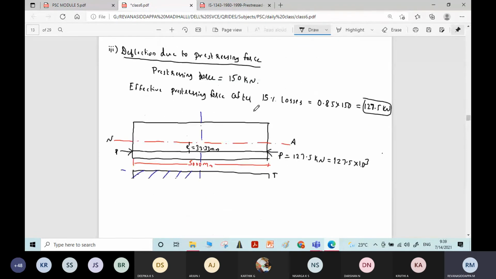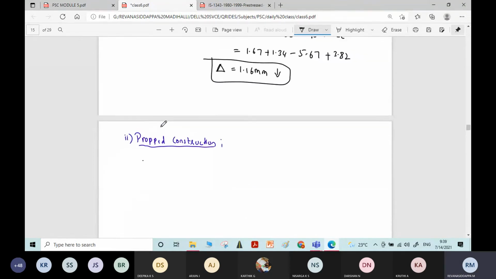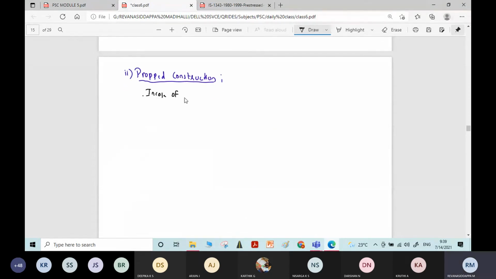Okay, in case of propped construction, the beam and slab are considered as a monolithic T section.